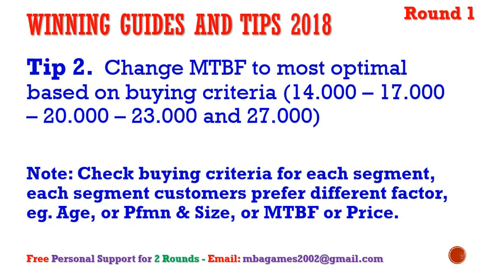Tip number 2, change the MTBF to the most optimal based on buying criteria. We have 5 product segments. You can check the career report to get the mean time before failure to the most optimal. If you want, you can increase that to the max of each segment, but that comes at a higher cost to produce, so the optimal is better. 14,000 for low end, 17,000 for traditional, 20,000 for size, 23,000 for high end, and 27,000 for performance.